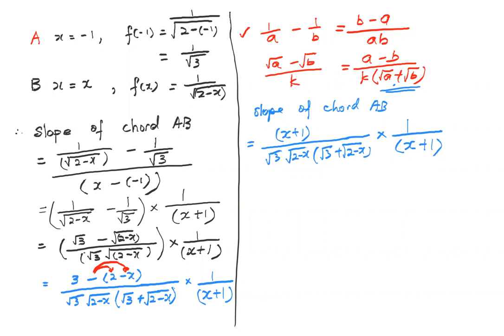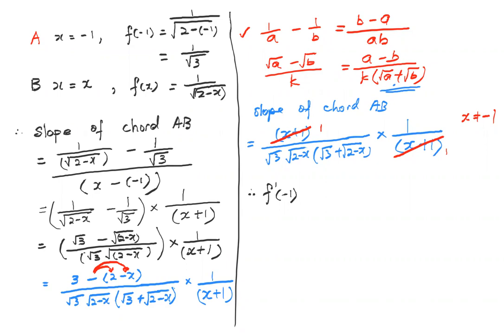Okay, so I simplified this. x cannot be -1, correct? It goes near -1, but it cannot be -1. Am I right? So therefore, f prime(-1), that is the instantaneous rate of change.